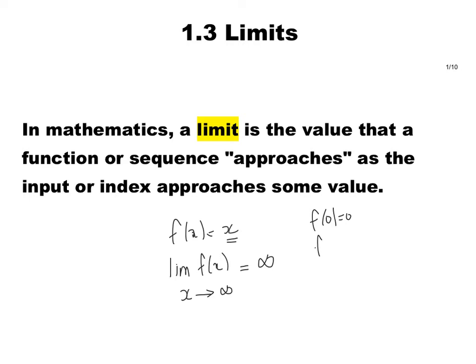When x is 1, f of 1 is 1. When x is 2, f of 2 is 2. And when x goes to a very large number, let's say infinity, f of x is infinity.